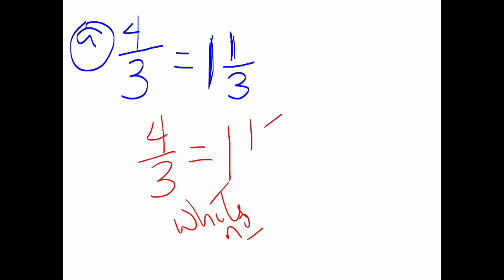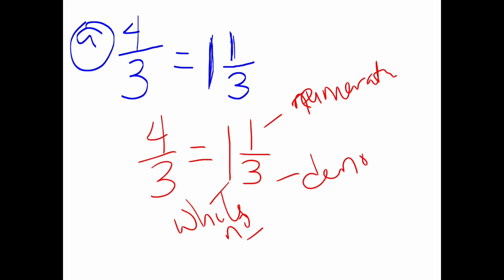So your remainder will be your numerator, and your denominator will be the 3 you are using to divide. Do you understand? Good. So 4 divided by 3, which is an improper fraction, equals what? 1 whole number 1 over 3, which is a mixed fraction. Do you understand? Very good.